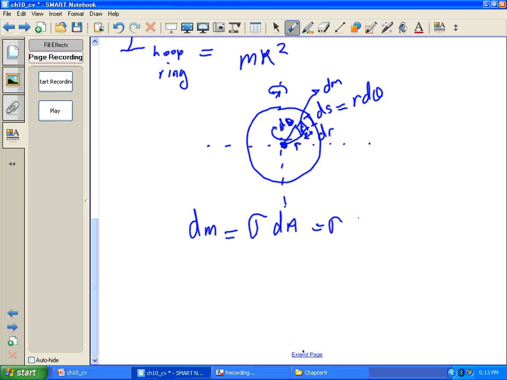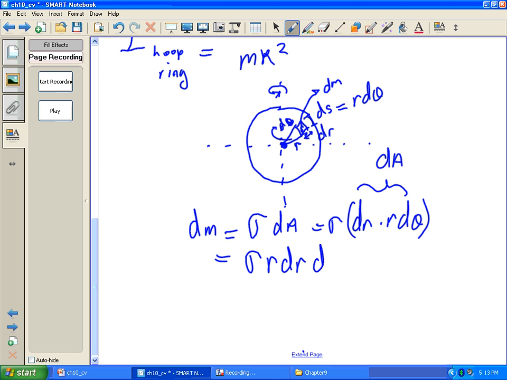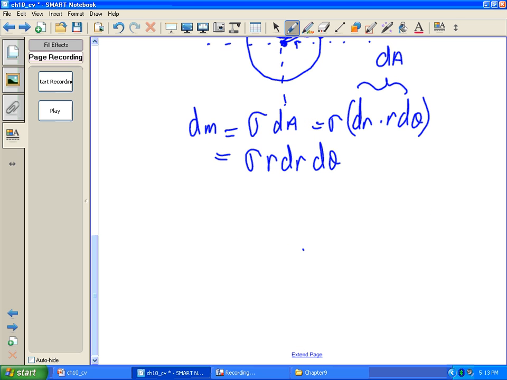So dr times ds, but ds is r d theta, so dr times r d theta. This is our dA, okay? And so dm can be written as sigma times r dr d theta. So this is our part 2. Now we're ready to proceed to the actual integration.